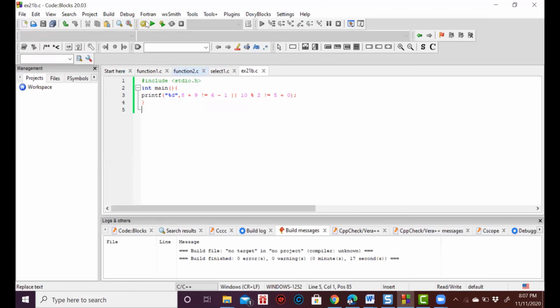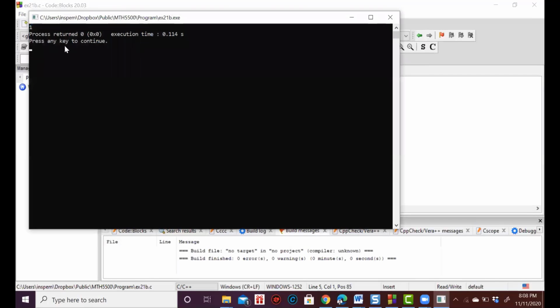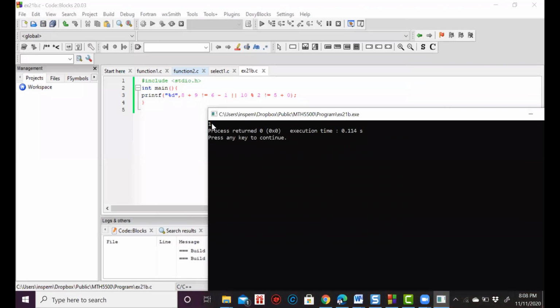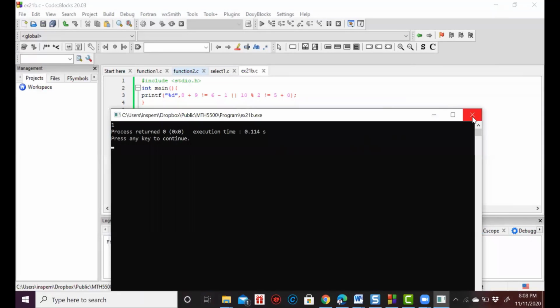So you just run it. There is no error, and we run print. The value is 1. If the value is 1, it's true. If the value is 0, it's false. So in this case, for number 1, all the answers are 1.